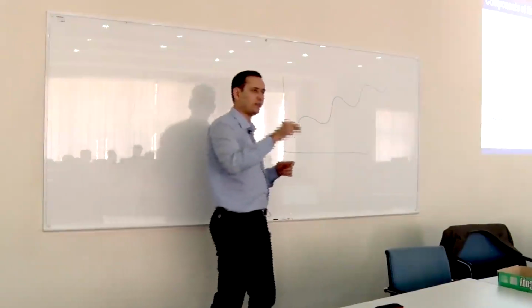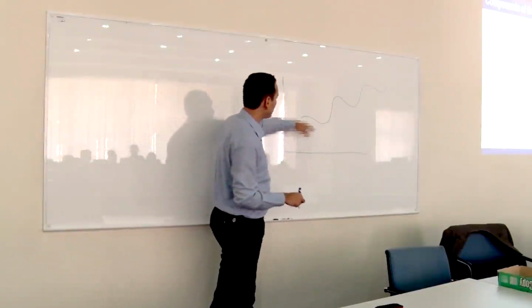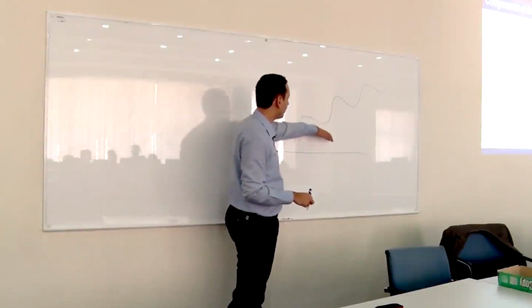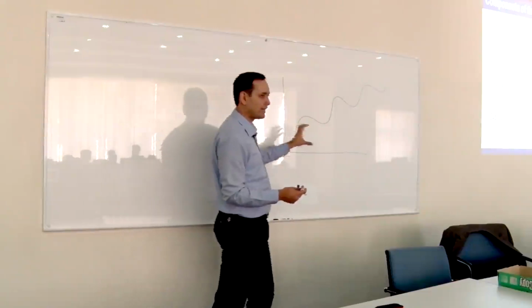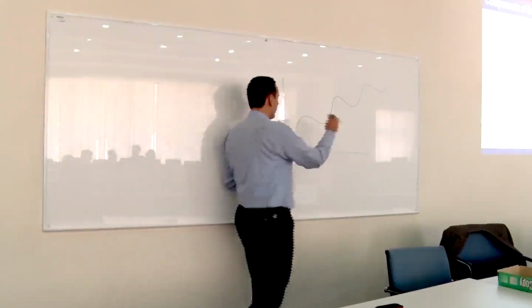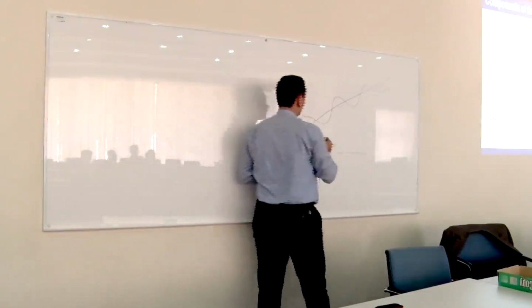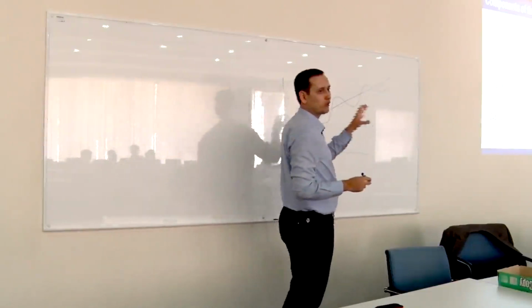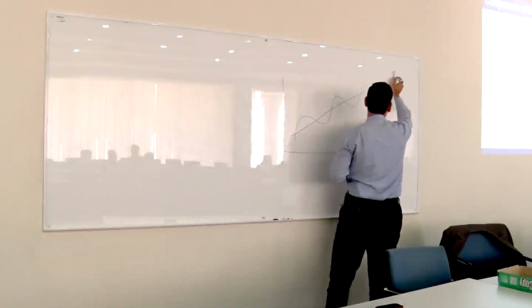Okay, it varies according to the season. For example, during summer it goes up, during winter it goes down, next summer it goes up again. But the overall trend, if we draw a line right between these things, this is called the trend, the overall direction of the data, of where our sales are going.